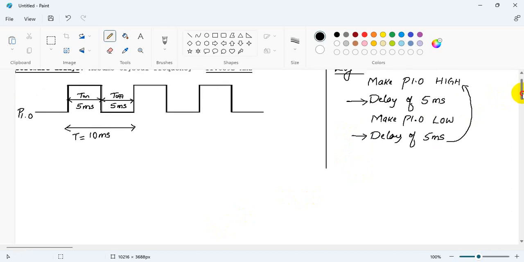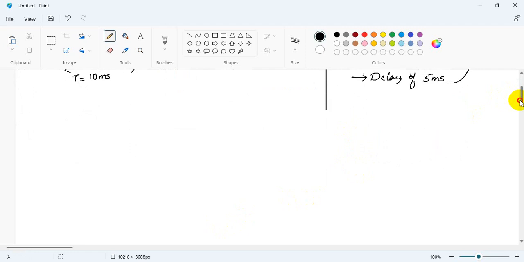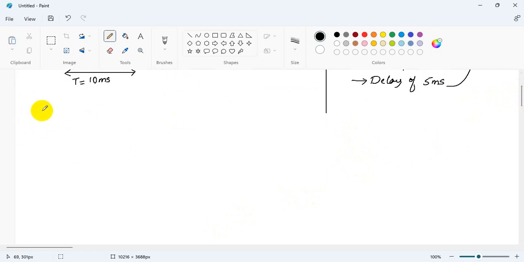Now how do we do that? For that, we should have a base code. You can have your own base code. So whatever the code I have put in the lab program, the same I am putting.